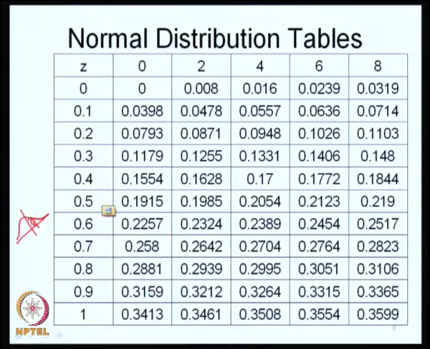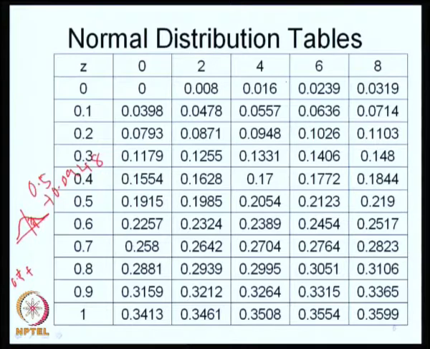From the table you get the area up to 0.24 as 0.0948. To that you add 0.5. So, 0.5 plus 0.0948, that is what you will get.